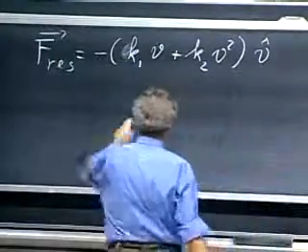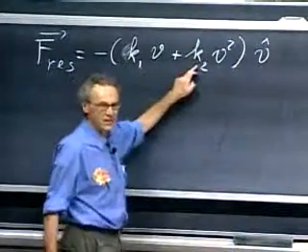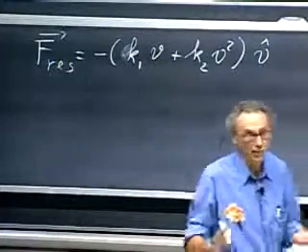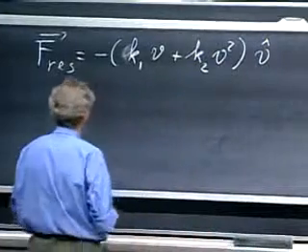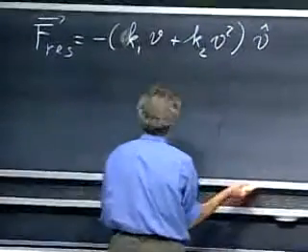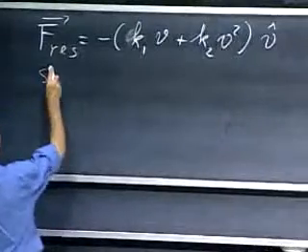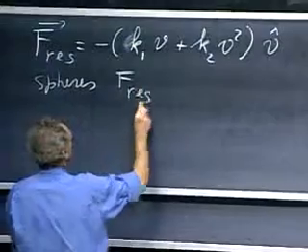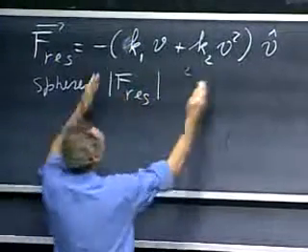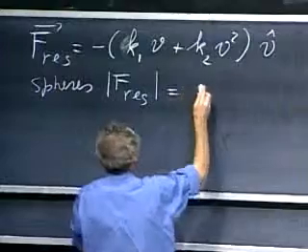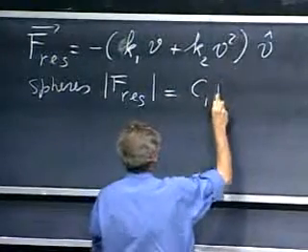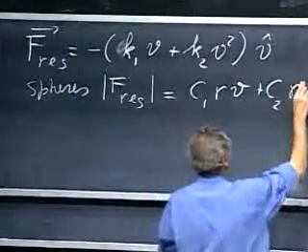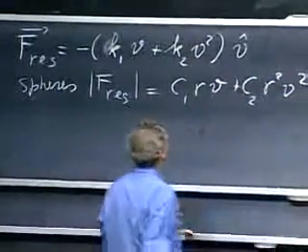And the K values depend on the shape and the size of the object and on the kind of medium that I have. Today I will restrict myself exclusively to spheres. And when we deal with spheres, the magnitude of the force equals C1 times r times the speed plus C2 times r squared times v squared.